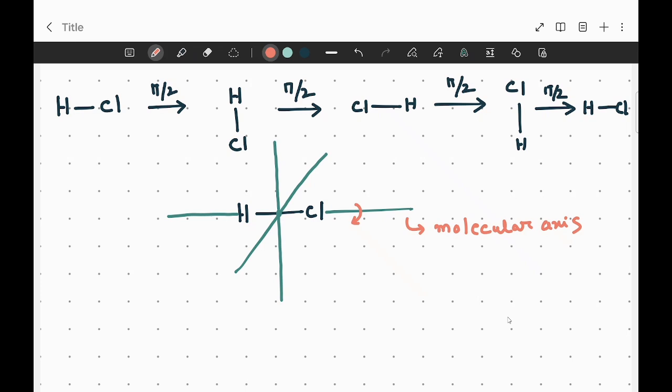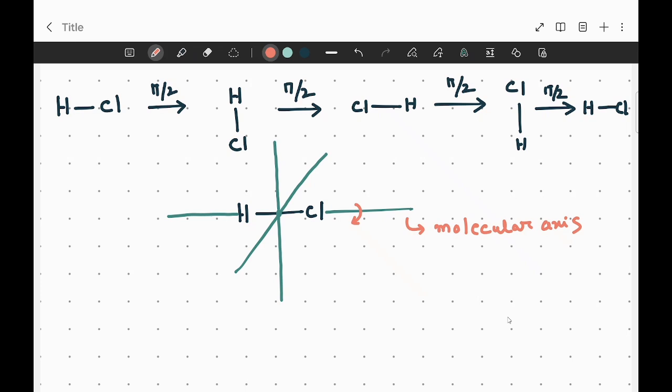Now just look carefully: when you rotate along this axis, no new structure is generated. The structure remains the same. HCl, HCl, HCl is the same. But let's say there is one more axis, if you rotate along this axis, the molecule will rotate like this. Or along this axis, then the molecule will rotate like this.